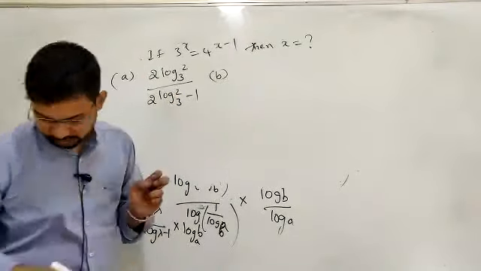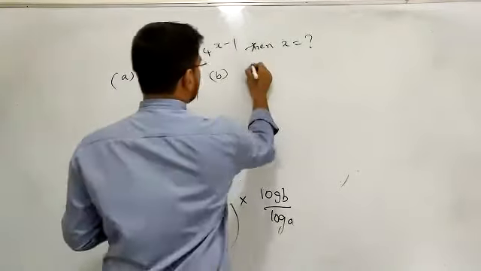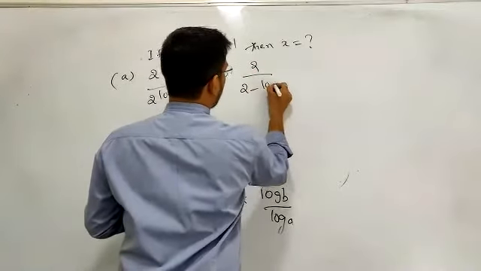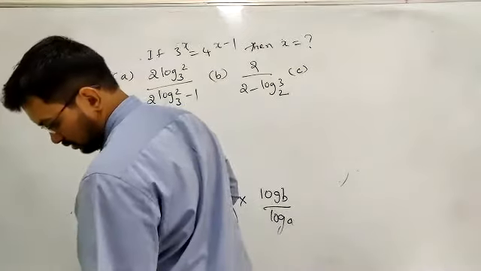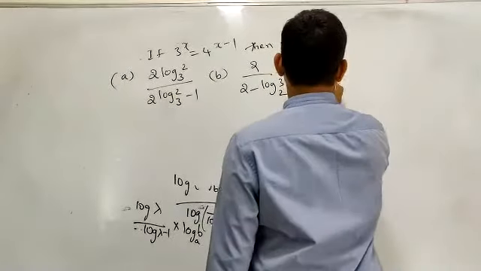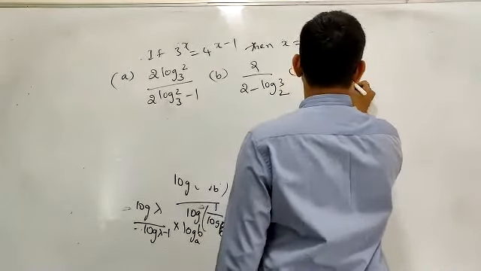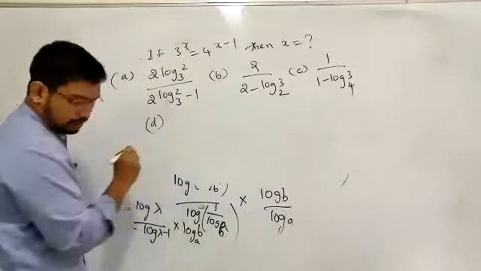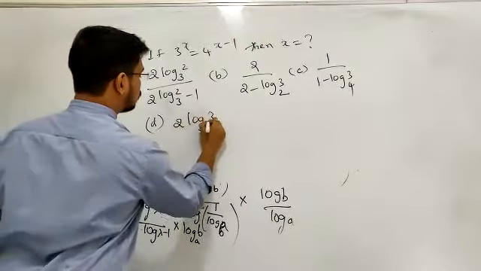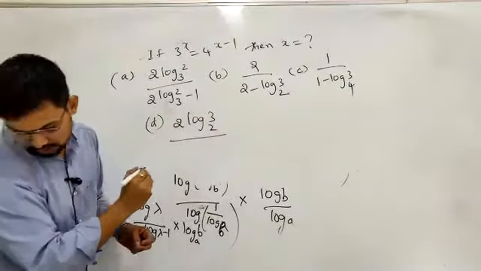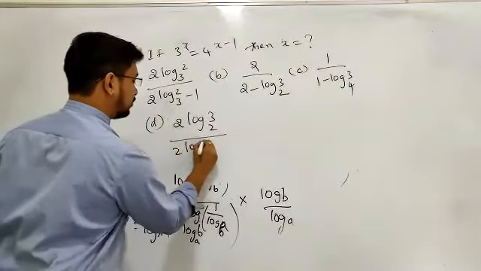Option B is 2 by 2 minus log 3 to the base 2. Option C is 1 by 1 minus log 3 to the base 4. Option D is 2 log 3 to the base 2 divided by 2 log 3 to the base 2 minus 1.